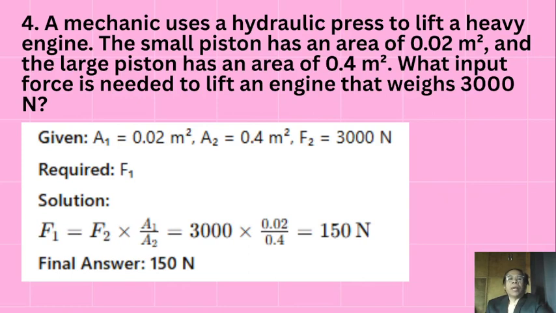Given A1 is 0.02 meters squared, A2 is 0.4 meters squared, and F2 is equal to the weight, 3,000 Newton. This time, the one being asked is F1. The formula that we're going to use is F1 is equal to F2 times A1 over A2. Substitute the given data, the final answer is 150 Newton. Take note of the formula that we use here.